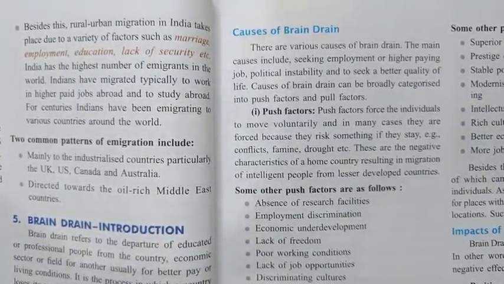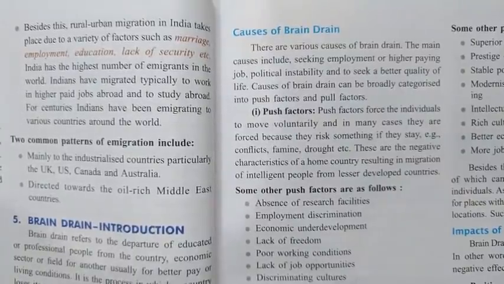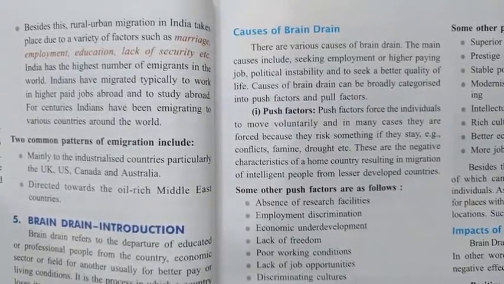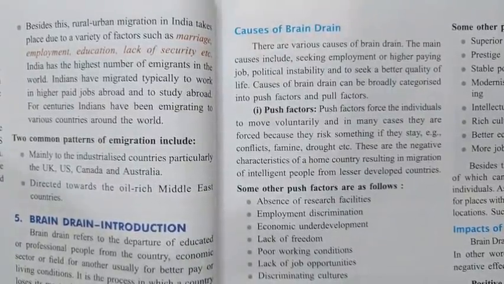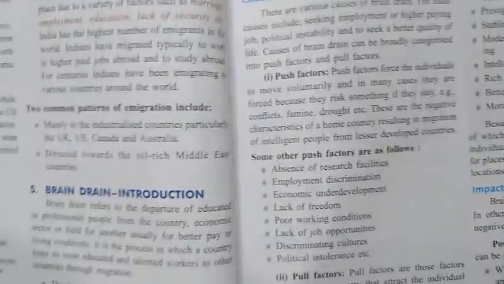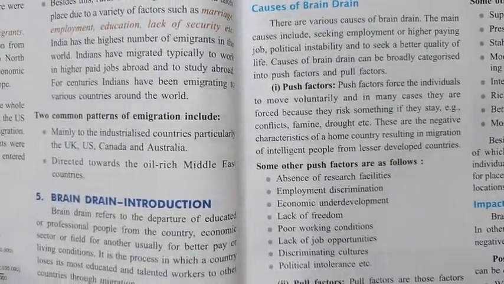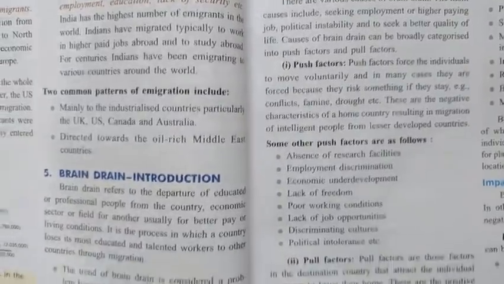Push factors force individuals to move. In many cases they are forced because of some risk, for example because of some conflict back at home, or maybe because of famine in the region, or drought. Those people migrate, and that is called the push factor. So let's see some of the push factors.